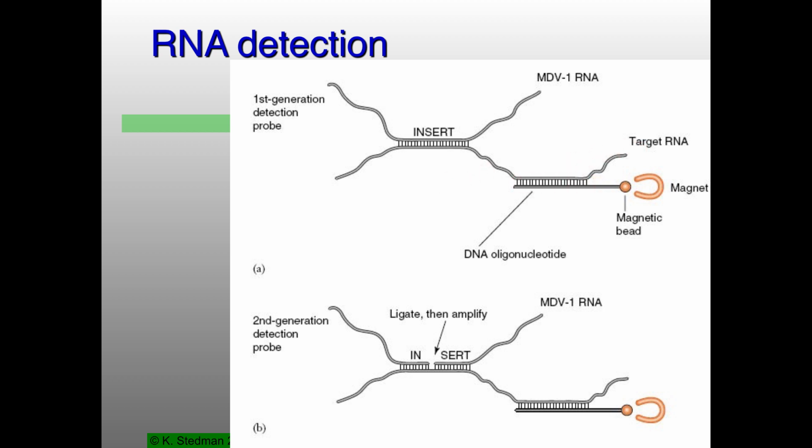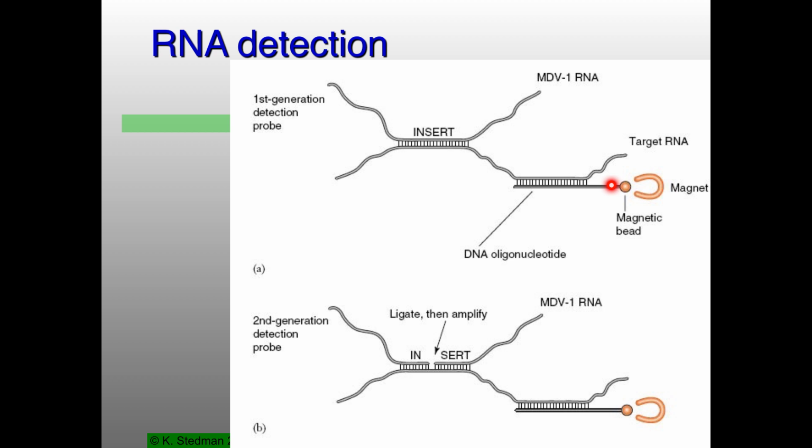And so what you want to have is some way of amplifying that RNA. And there aren't any good PCR-like enzymes, DNA-dependent DNA polymerases, that you can use for this. But if this can now base pair with one of these MDV RNAs, if this MDV RNA is now associated, through this target RNA, with something that immobilizes it, and you put in the Q-beta polymerase, you'll make a whole bunch of that MDV RNA.